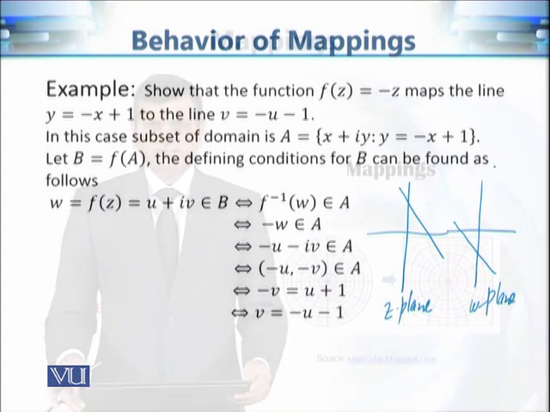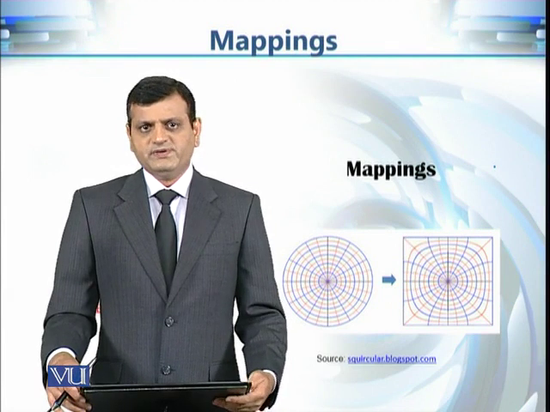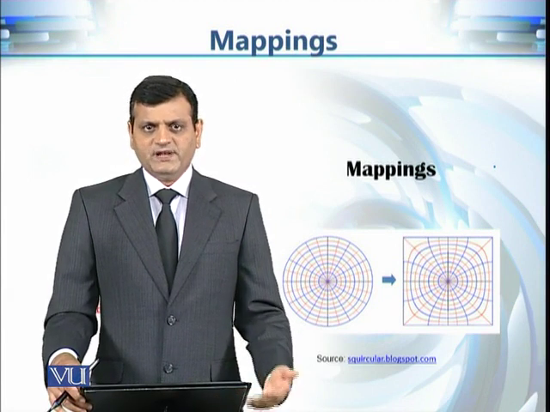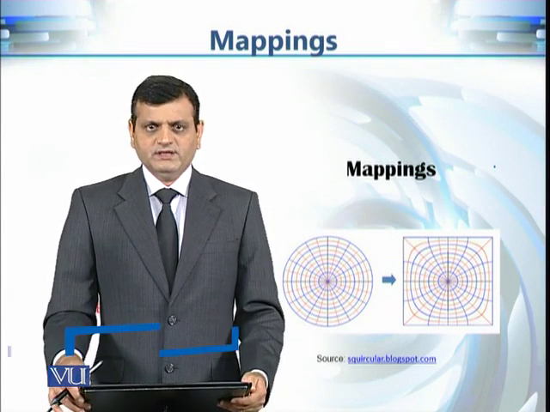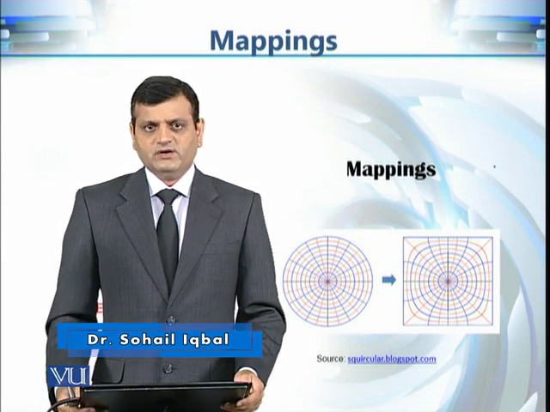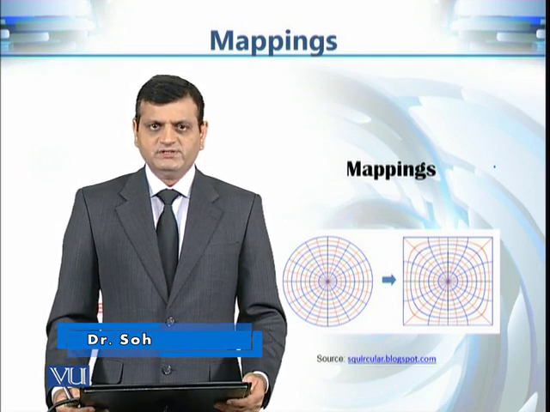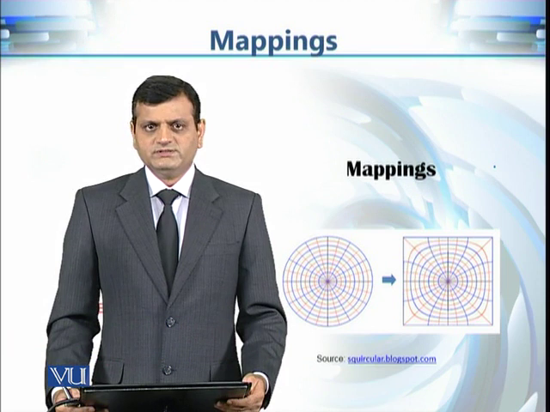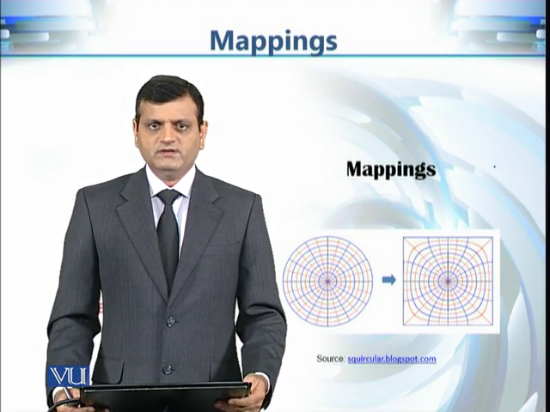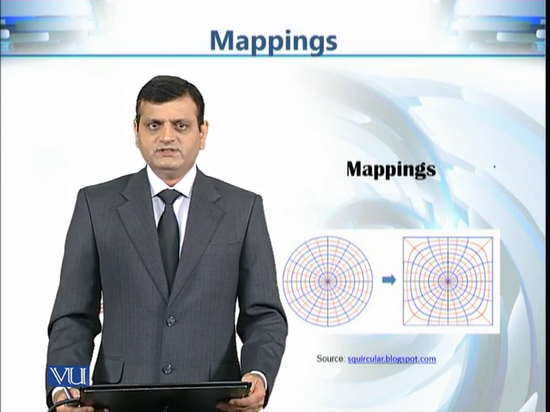So we have seen how we can associate a geometrical depiction with a complex valued function. Using this we can observe different properties of functions. In our next discussions, we will choose some very special complex valued functions, and we will try to observe their properties by looking at their images in the w plane.